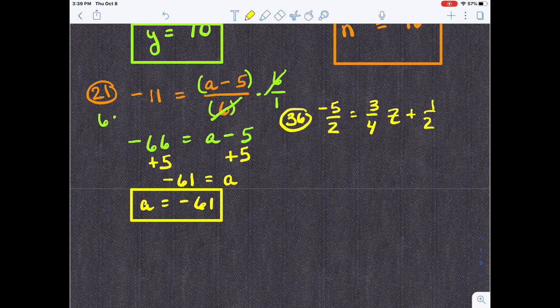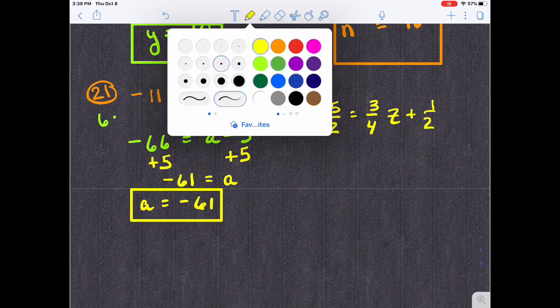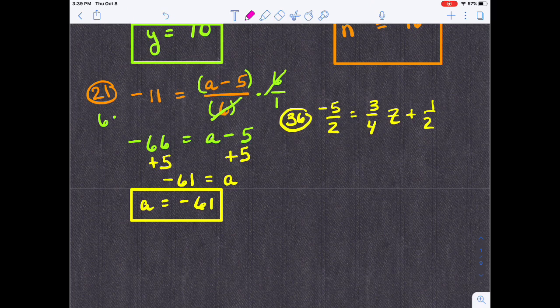In fact, maybe I'll just show you that really quick. I'll show you if I did nothing else with the fractions, this is what it might look like. This would become negative 6 halves and equals 3/4 z.